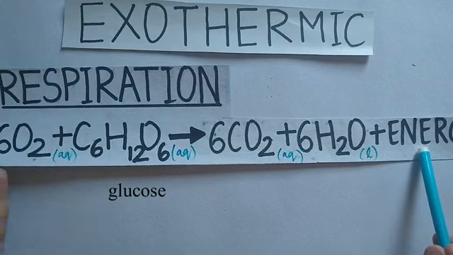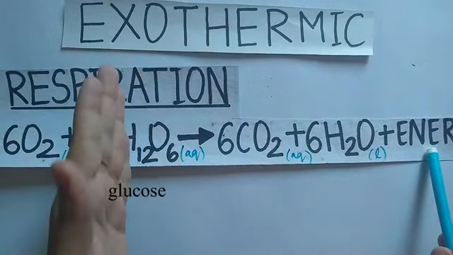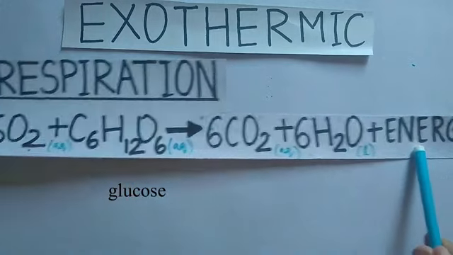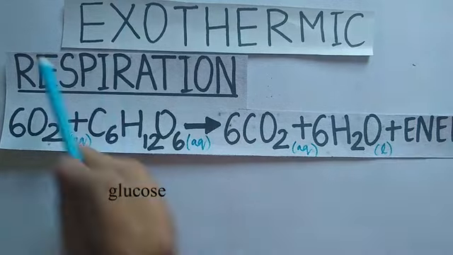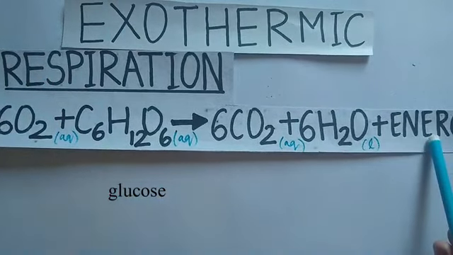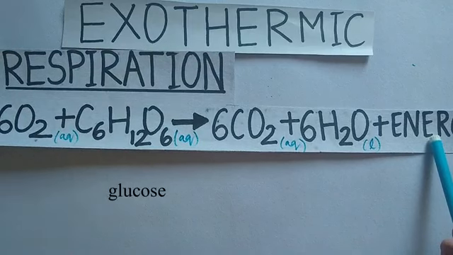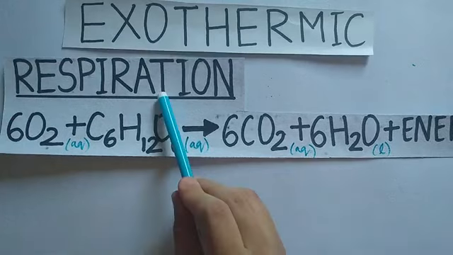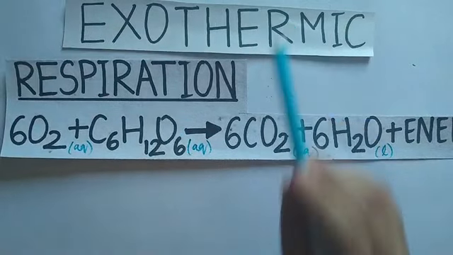It is because of respiration and your food that you're eating that you gain some amount of energy. So this becomes your exothermic process. Here if you observe, there is no visible heat being released, but you see energy in the form of heat being released. So that is why respiration is an exothermic process.